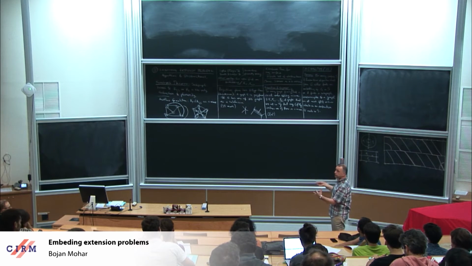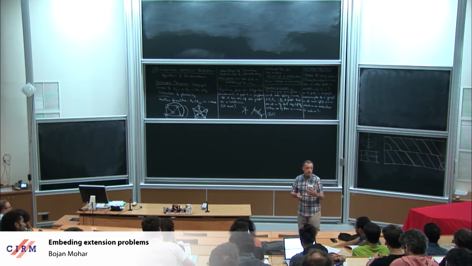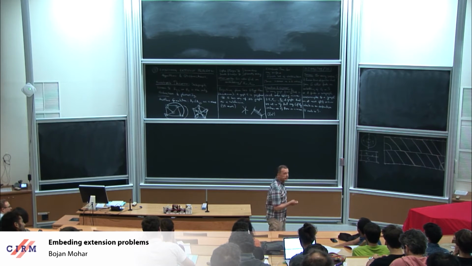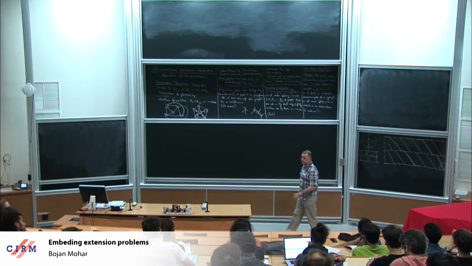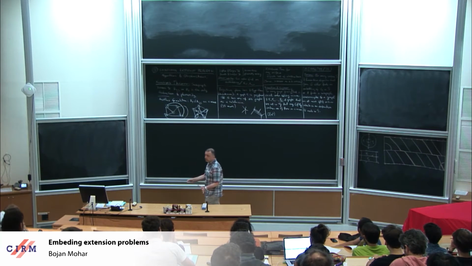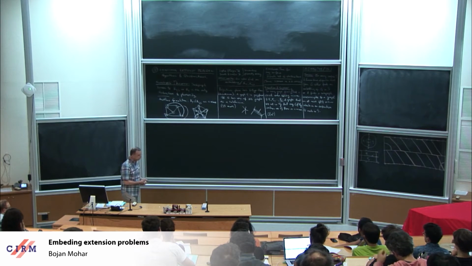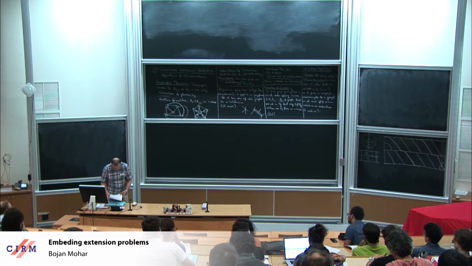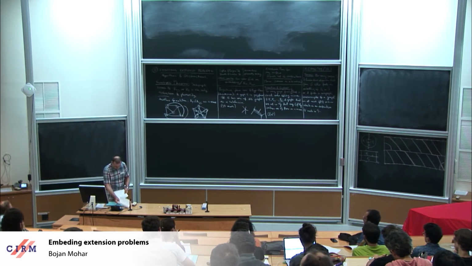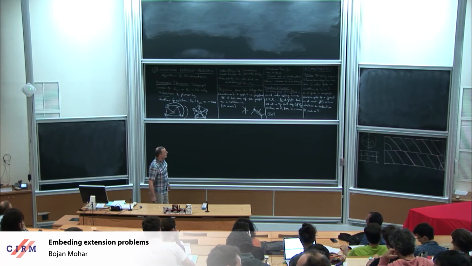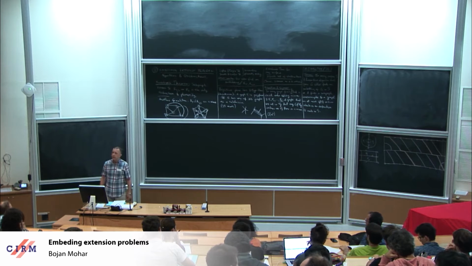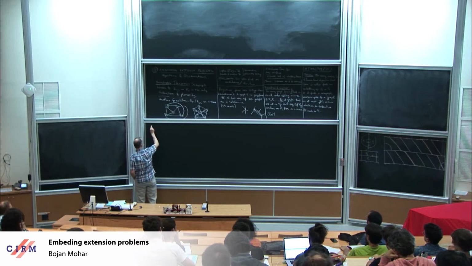So if you follow the proof and use the right estimates, you would find estimates how big these forbidden graphs would be. I never did that. It's too complicated, but it's explicit in the proofs. Okay, so in doing that, I do a lot about embedding extension problems, and I would like to say a few words about embedding extension problems now.